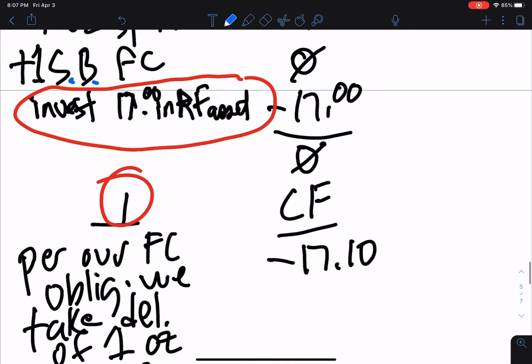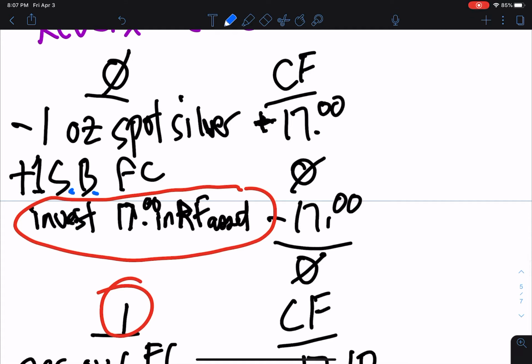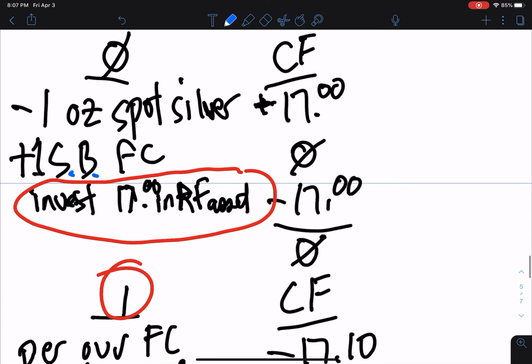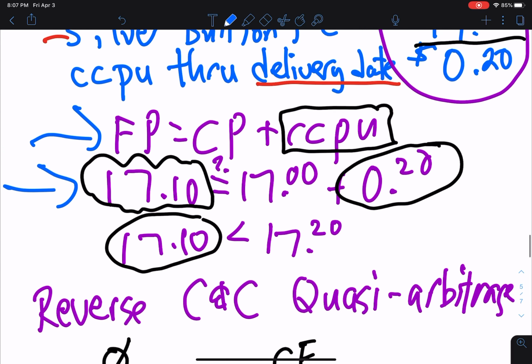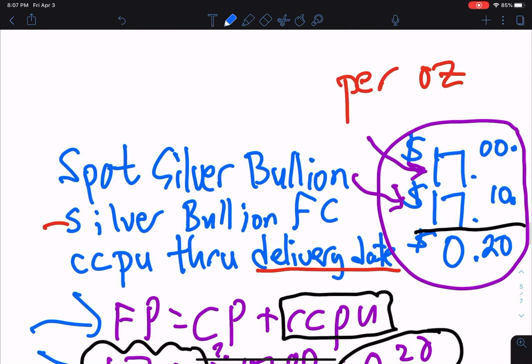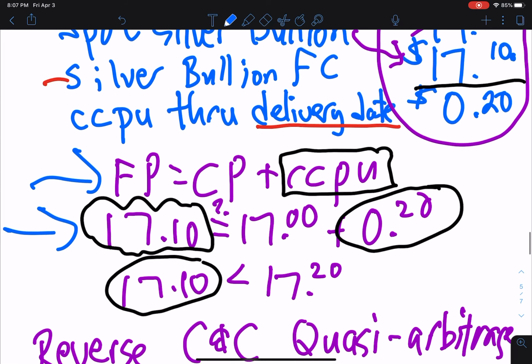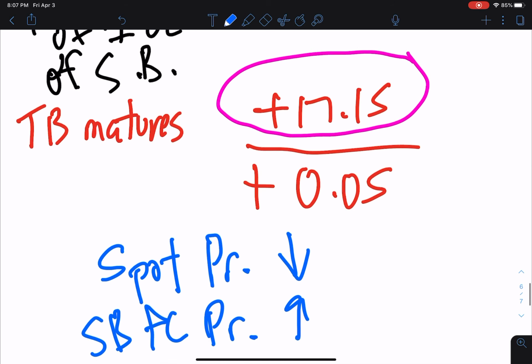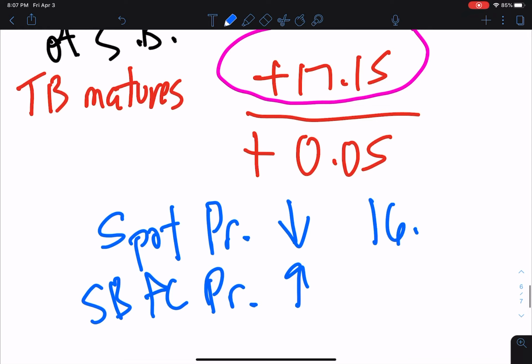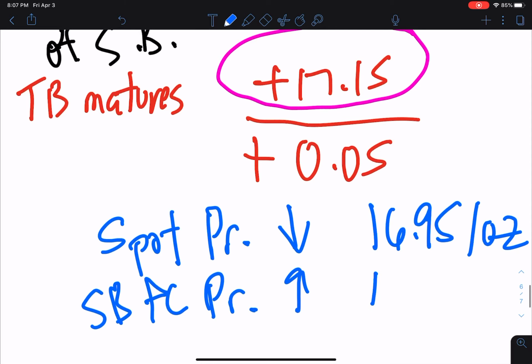So the spot price could drop, the silver bullion futures contract price could rise, and at some point an equilibrium occurs, and one such equilibrium could be 16.95 per ounce and 17.15 per ounce.